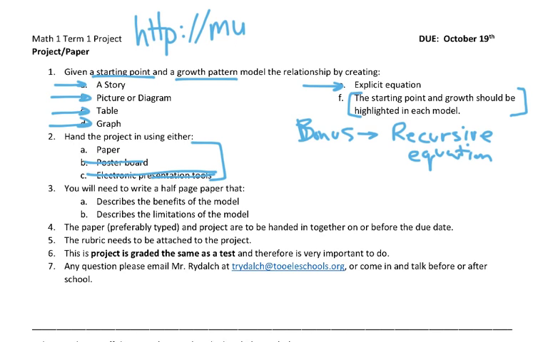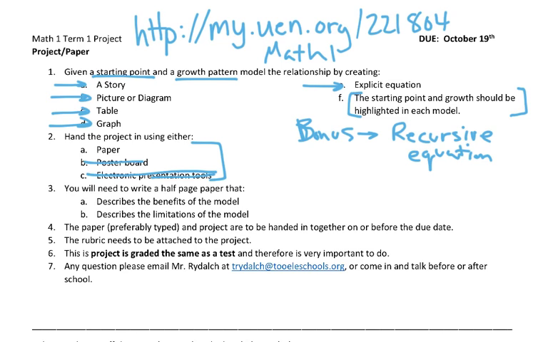Here's the website, my.uen.org/221804. Go to the Math 1 tab, and you should be able to find something like Math 1 Term 1 Project. Okay? And you can print that off.